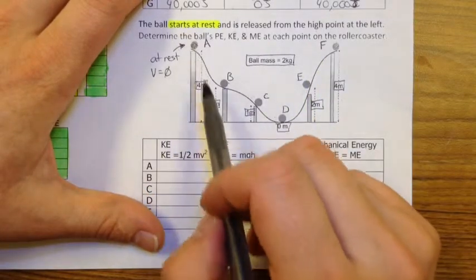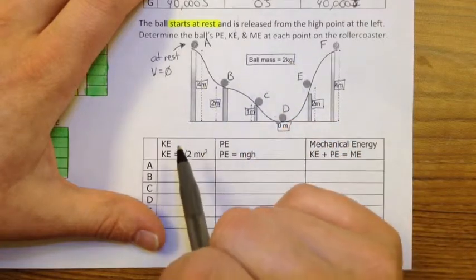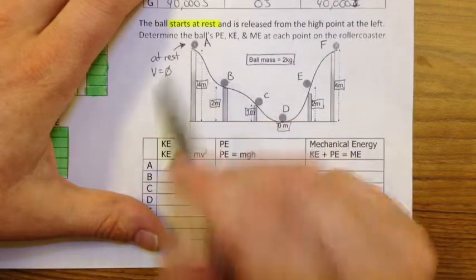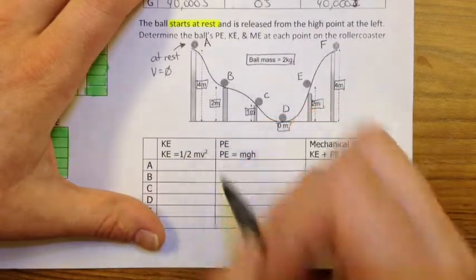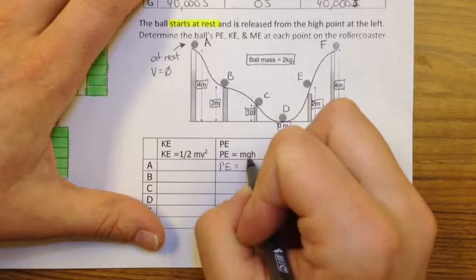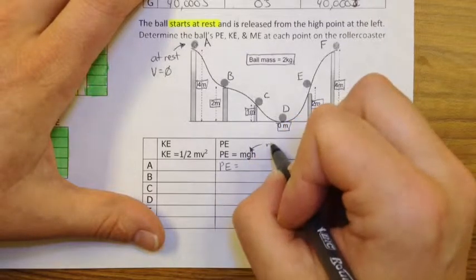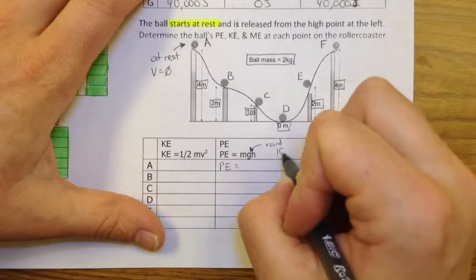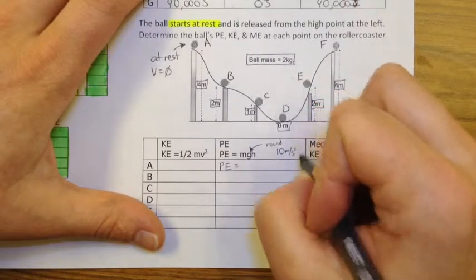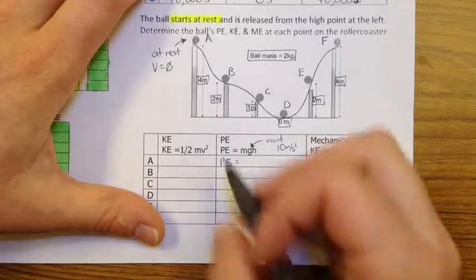So, knowing mass and knowing height, what can we calculate about the energy of the ball at position A? We can calculate its potential energy. Potential energy is mass times gravity times height. Now, for the sake of these notes in this worksheet, we're going to round this value for gravity to 10. It's normally 9.8, but to make the math easier and faster, to see the patterns, we're going to round it to 10.